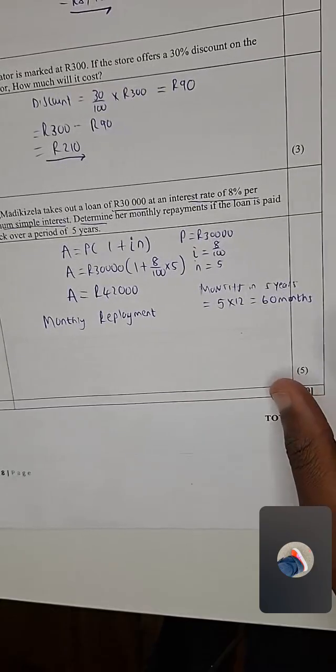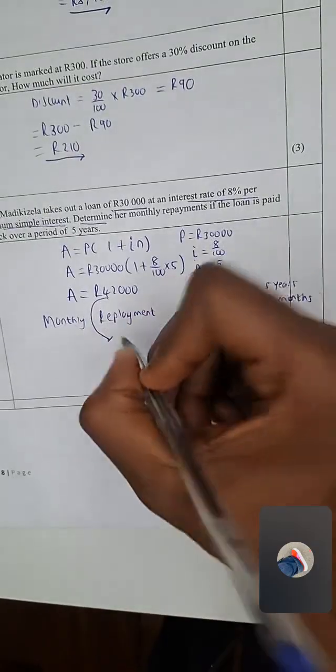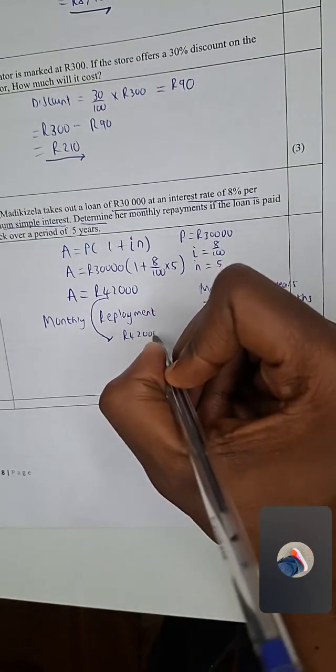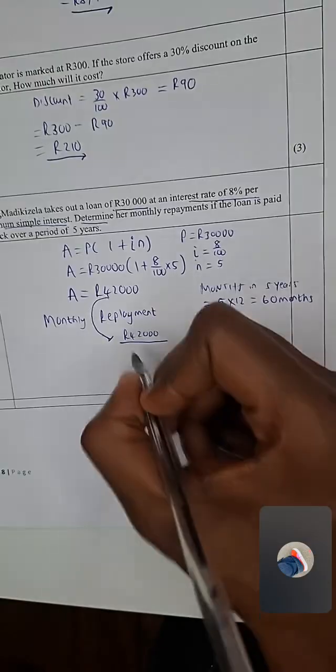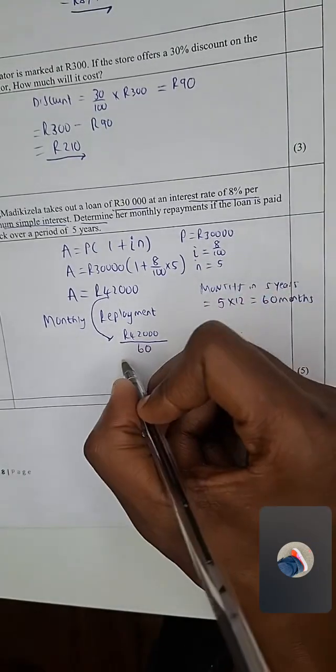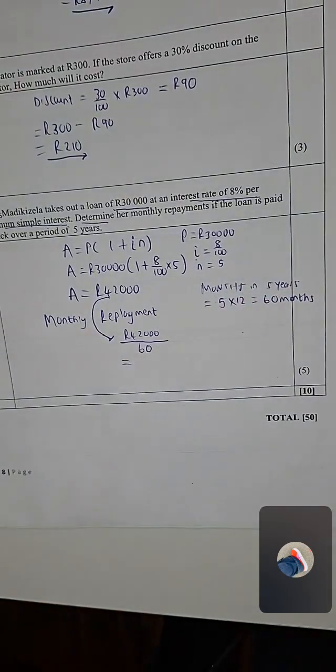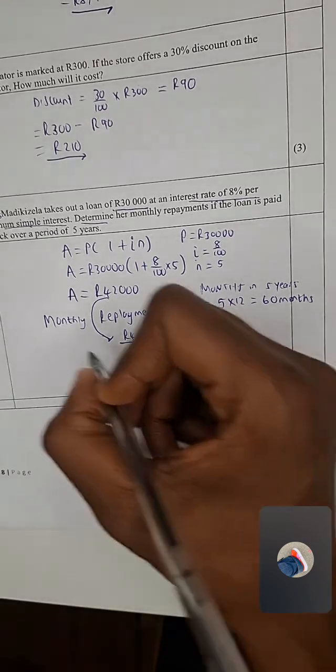Yes. Then you are going to take this amount, this 42,000. You are going to divide it by 60, which is equal to 700.